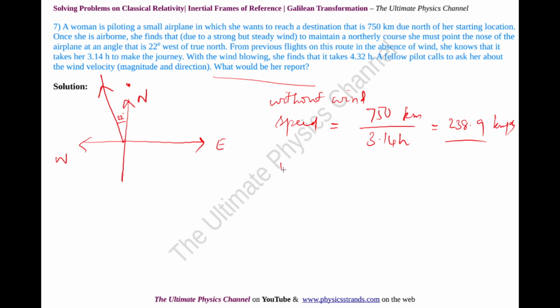Now with wind, this is going to be 750 over 4.32 hours. That is going to be 173.6 kilometers per hour.